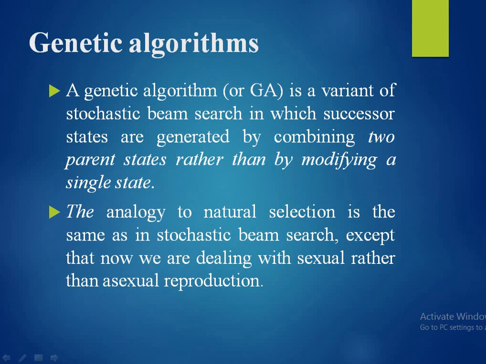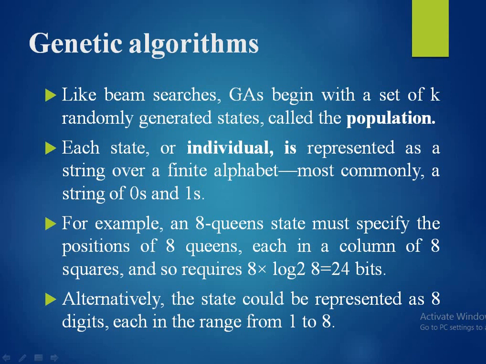The analogy to natural selection is the same as in stochastic beam search, except now we are dealing with sexual rather than asexual reproduction. Like beam searches, genetic algorithms begin with a set of k randomly generated states. Those are known as the population.